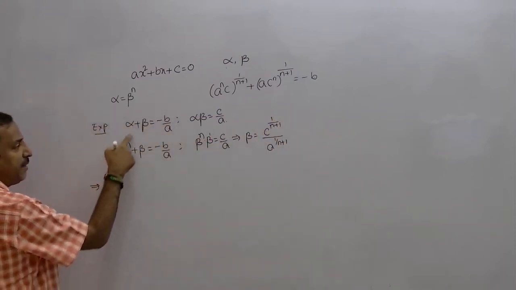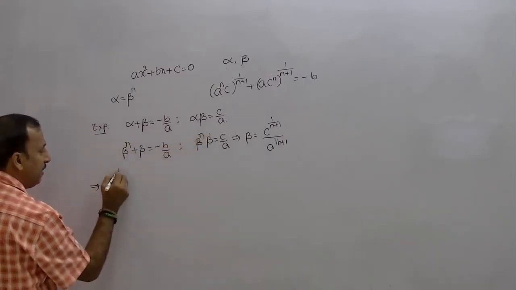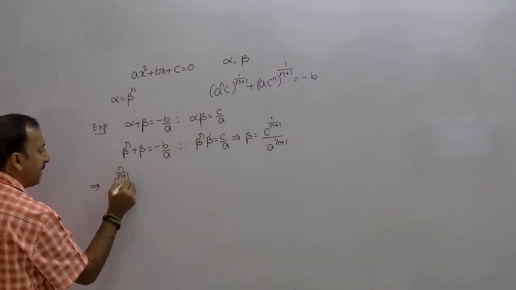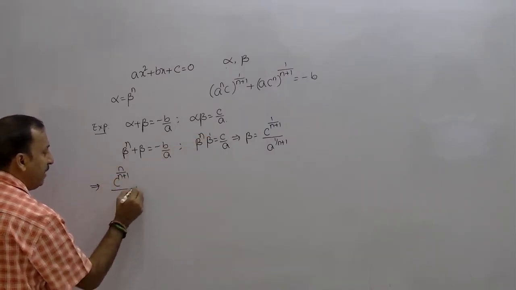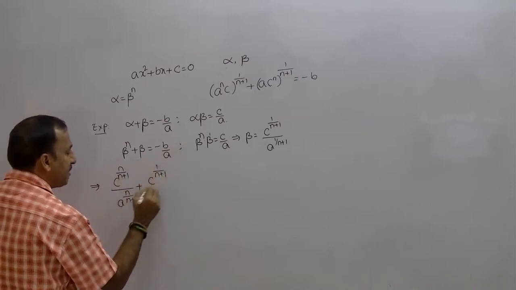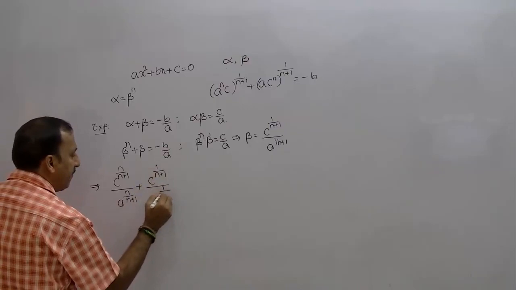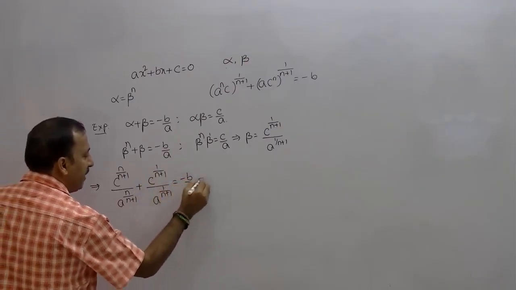What you will get? Beta power n. What is beta power n means? c to the power of n by n plus 1 by a to the power of n by n plus 1, plus beta means c to the power of 1 by n plus 1 by a to the power of 1 by n plus 1 is equal to minus b by a.